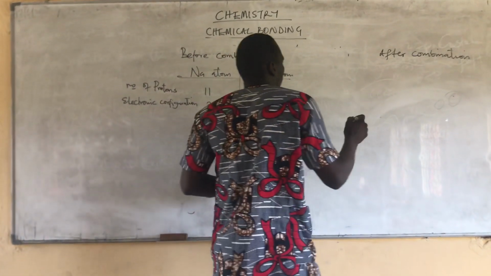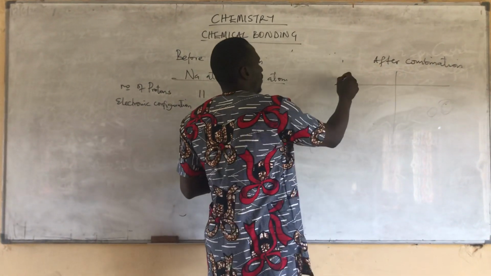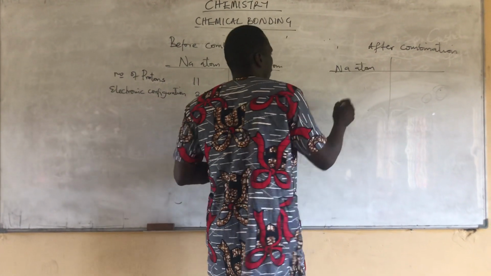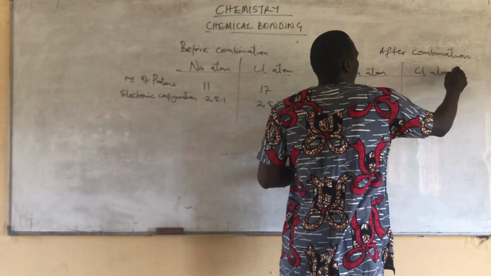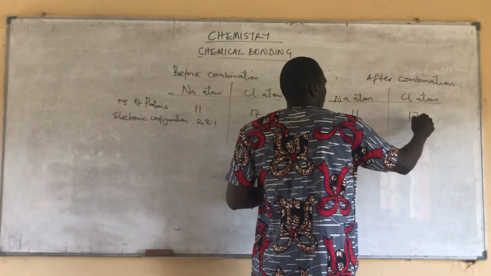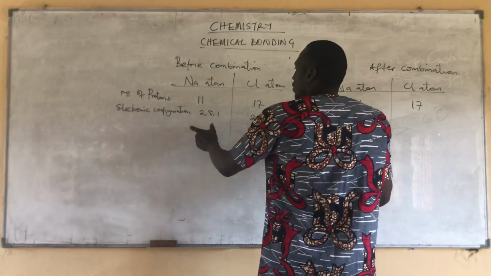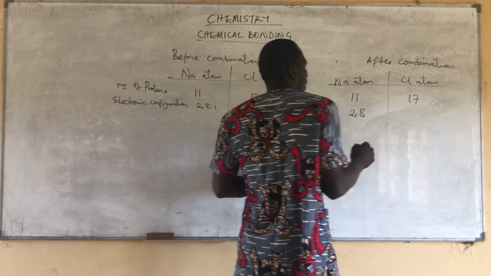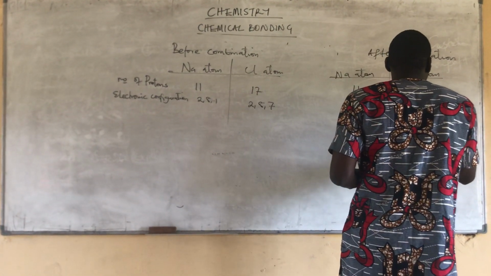After combination, for the sodium atom, don't forget, the proton number remains unchanged for both. But their electronic configuration, for sodium, becomes 2,8. And for chlorine, it becomes 2,8,8.